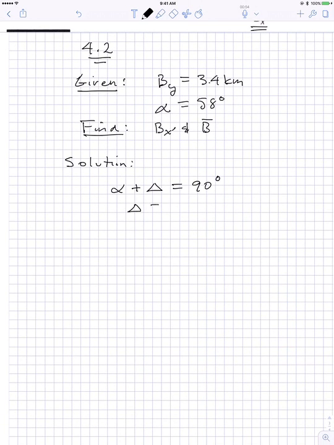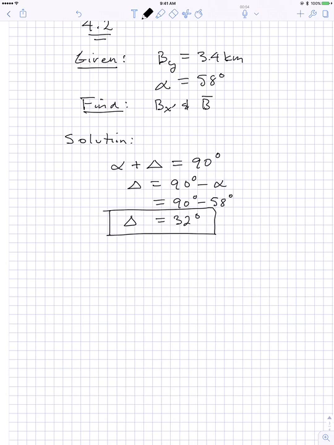That lets us solve for delta. Plugging in for alpha, we get 90 minus 58. So we know that delta is 32 degrees. That's one of the things we're trying to find, so we put a box around it.